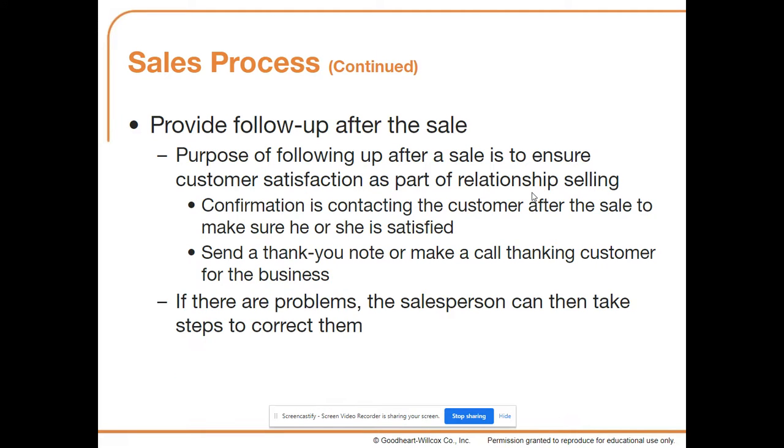The last step in the sales process is to provide follow up after the sale. The purpose of following up after is to ensure customer satisfaction. It also helps to develop a relationship for sales in the future. Confirmation is contacting the customer after the sale to make sure he or she is satisfied.